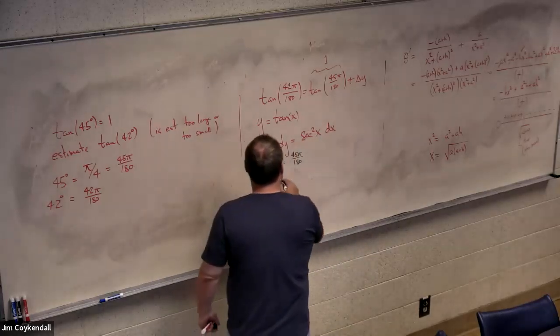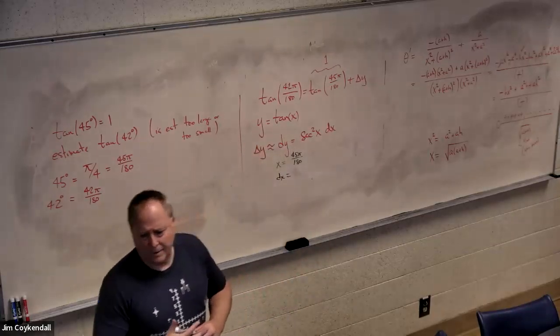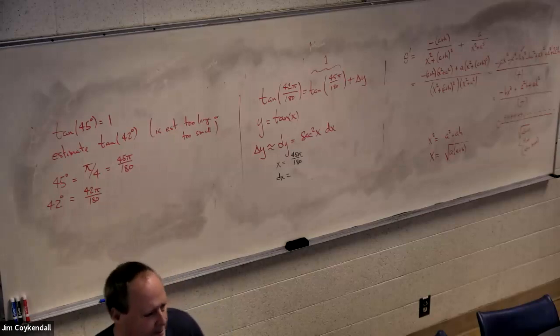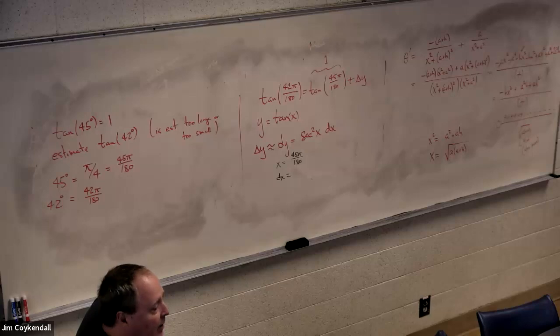What is my dx? So my anchor, the place where I know the answer, is 45 pi over 180, right? How much do I have to change that to get where I want?